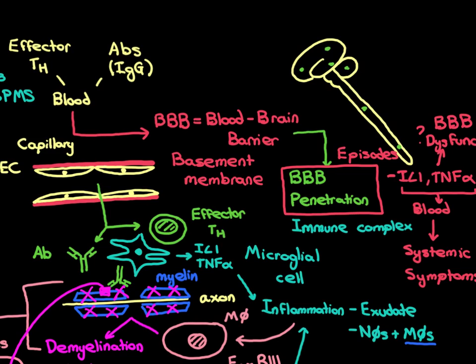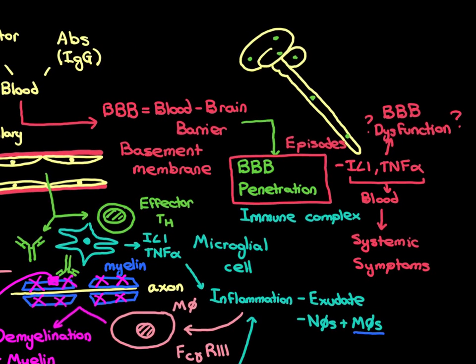Now, we discussed at the end of the previous video possible explanations as to what causes an episode of blood-brain barrier penetration. And one of the possible explanations is that it is high circulating levels of pro-inflammatory mediators. So the two most important pro-inflammatory mediators are interleukin-1 and tumor necrosis factor alpha, beautifully written here. Now, when you are very, very ill, when you have an infection, potentially flu, let's say, you will get inflammation occurring in the local tissue that is infected.